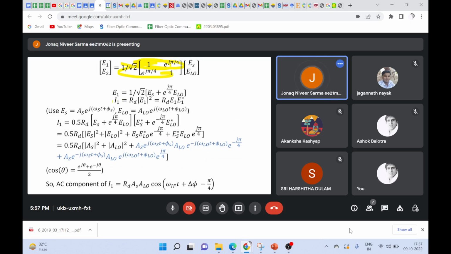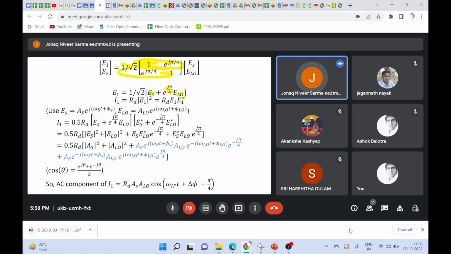It will be responsivity times mod E squared, because ES, ELO, and all of those are complex numbers. So we will find the mod square value as E1 and E1 conjugate multiplied. So this is where I think the doubts are, if there are any.